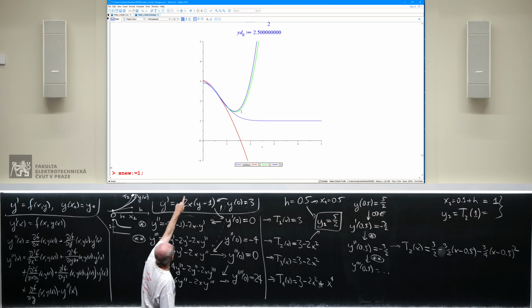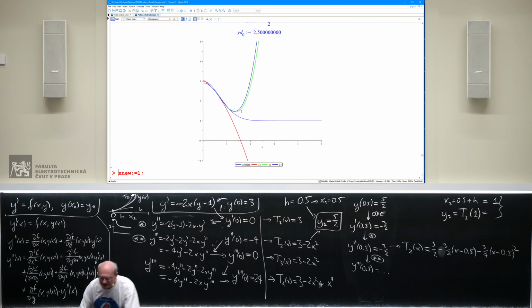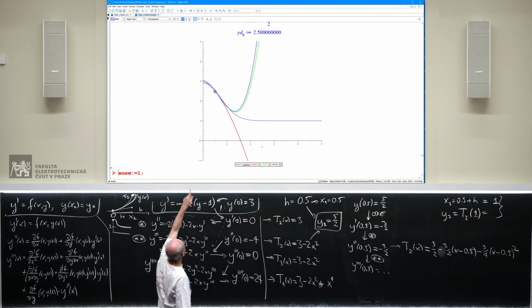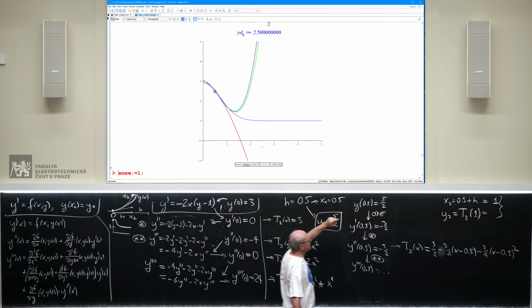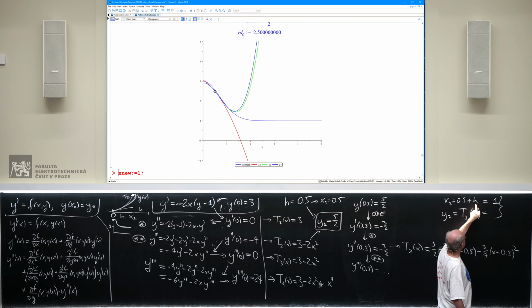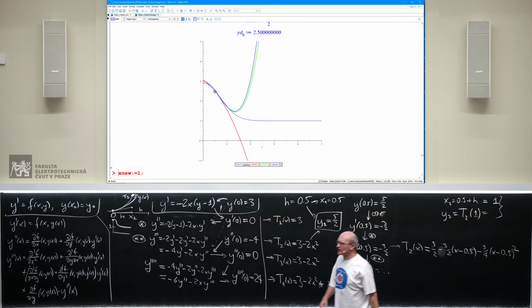And they all have a center at 1/2 and 5/2. This is the center for those 3 Taylor polynomials. They are sitting at that point, and again they are moving. And I can choose again, what will be my new x? I'm going half a step farther, my new x is 1.